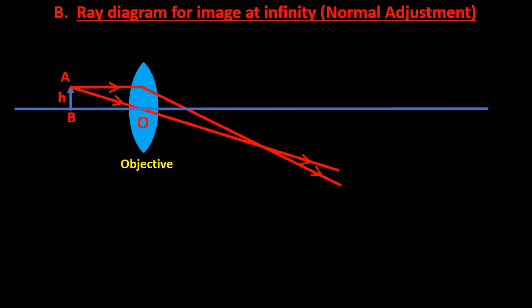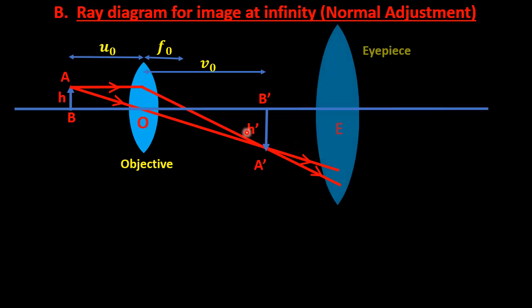In the second case, let us draw a ray diagram for the image formed at infinity for a compound microscope, and this arrangement is also known as normal adjustment. So we consider an objective lens. AB is the object, and after refraction the image will be formed here. In this case, in order to form the image at infinity, we need to adjust the eyepiece in such a way that this image formed by the objective lens lies exactly at the focus of the eyepiece.